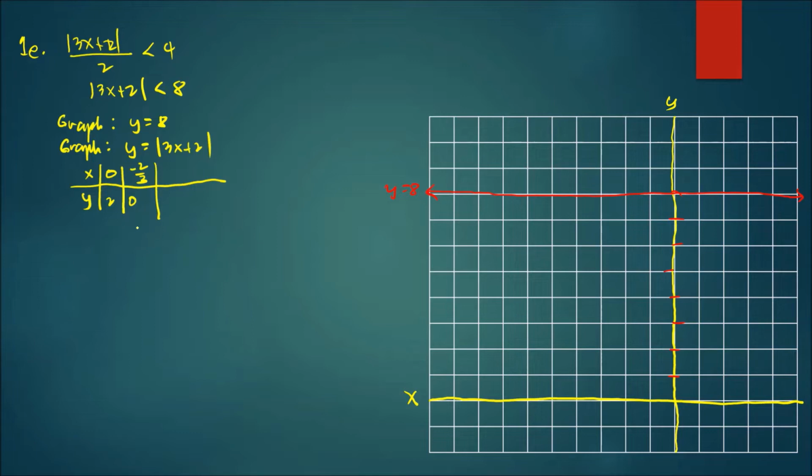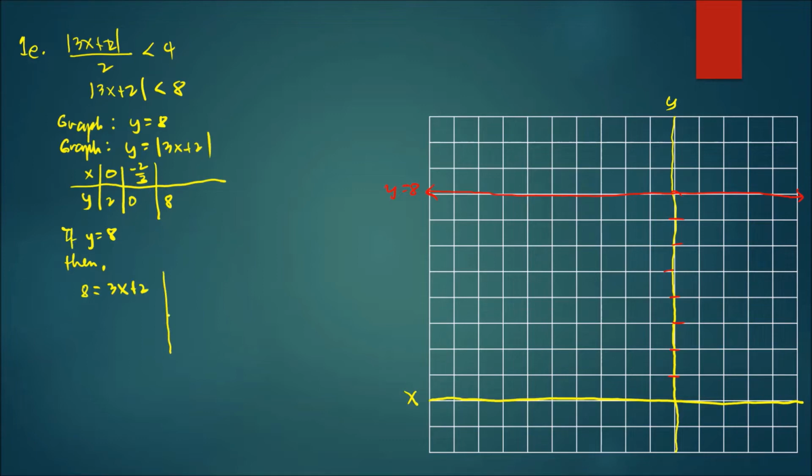Then, again, we know that we need to know the intersection of the graph of the modulus and y is equal to 8. So to do that, let us plug in 8 to y. So if y is equal to 8, then that would be 8 is equal to 3x plus 2.